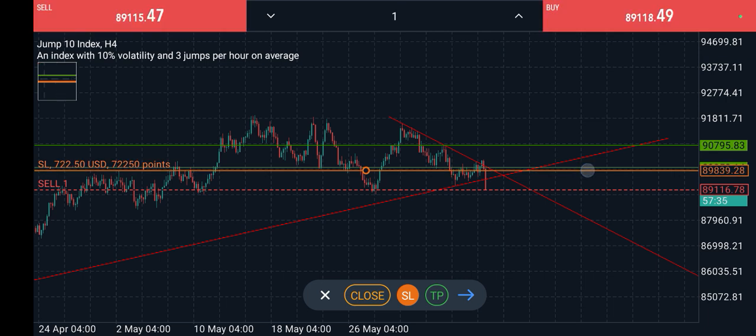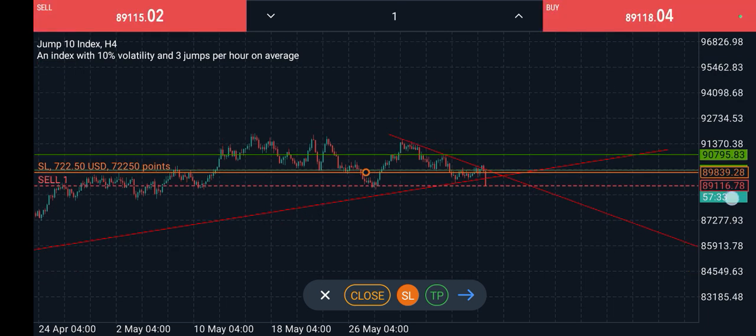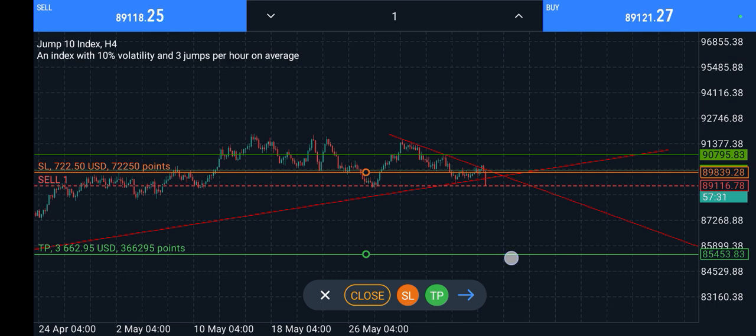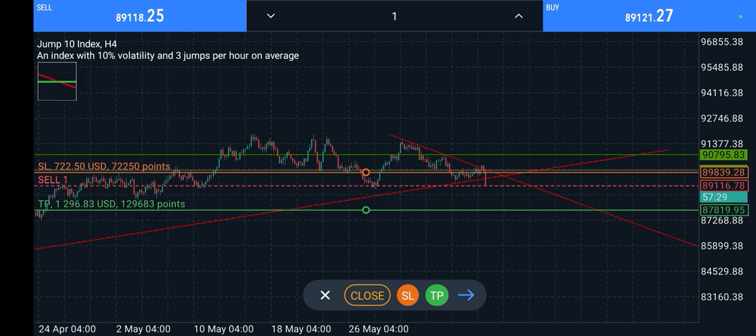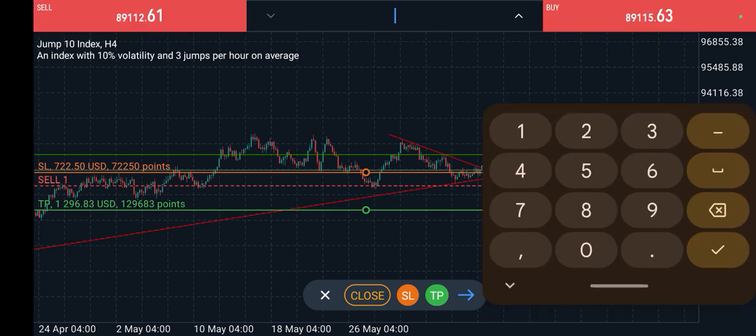I'm risking $722 here, and let's say my TP is just at this place. I'm risking 722 to make $1,296.